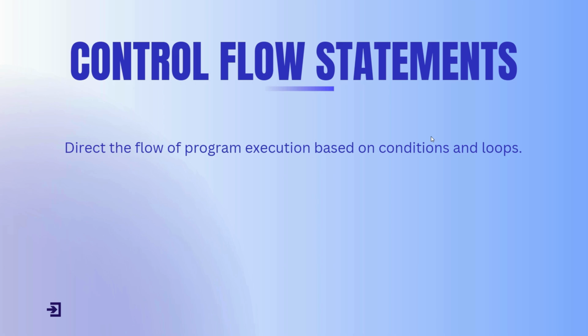Just imagine you have to create two sessions, a group of students whose score is greater than 80 percent or 90 percent. Based upon this condition you will group them, right? This is the same thing we use control flow statements for.